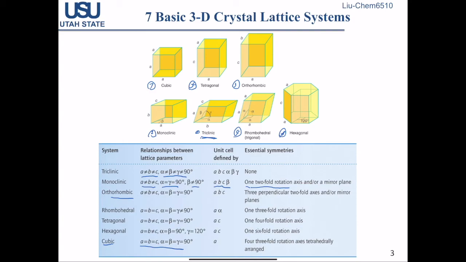What that means is, with the 2-fold rotation, you can draw a C2 rotation axis here.